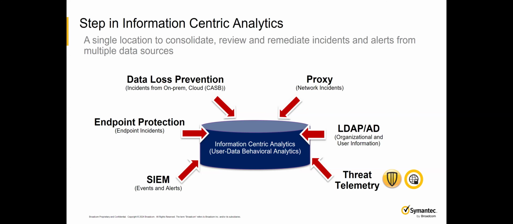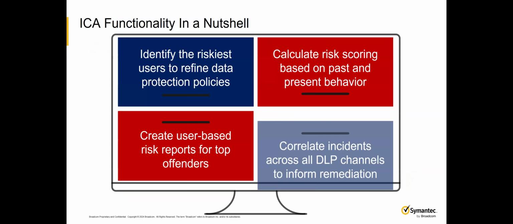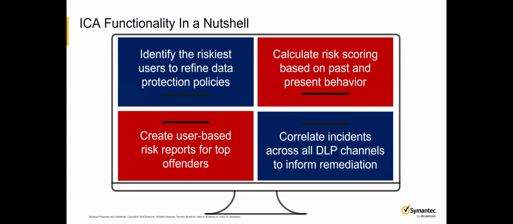So in a nutshell, ICA uses the information from these multiple data sources and calculates a risk score based on the behavior it sees, identifies the riskiest users, and creates user-based risk reports for all top offenders.